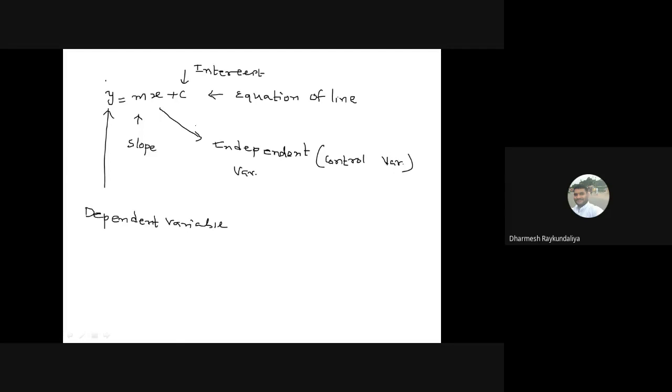If you know the value of m and c for a given value of x, you can exactly obtain the value of y.